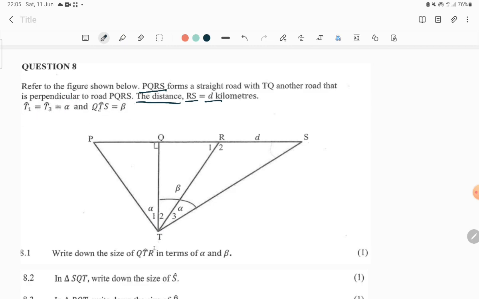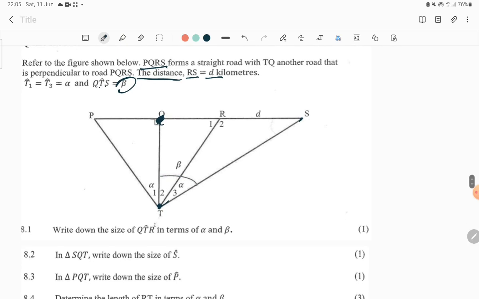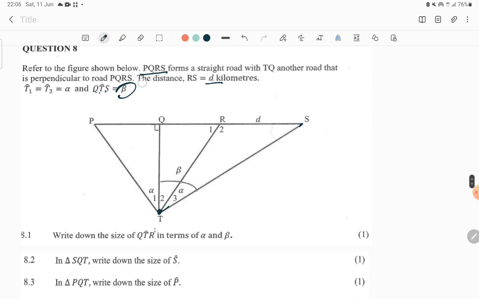Then QTS, which is this angle, is equal to beta. This angle as the whole is equal to beta. So the first question asks us to write down the size of QTR, which is this angle. What is this angle?